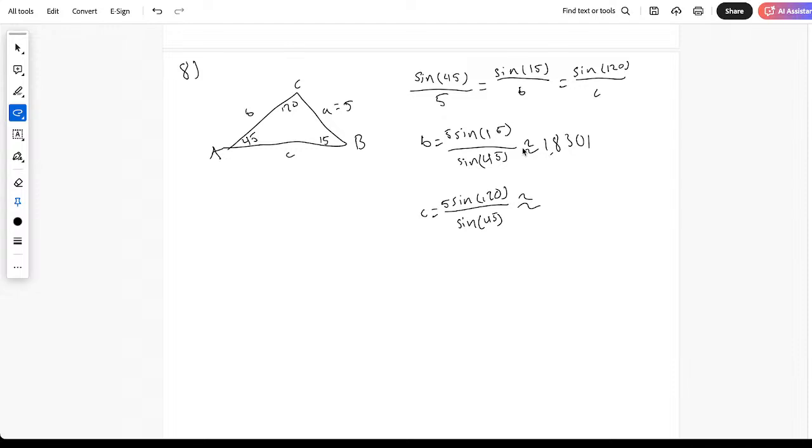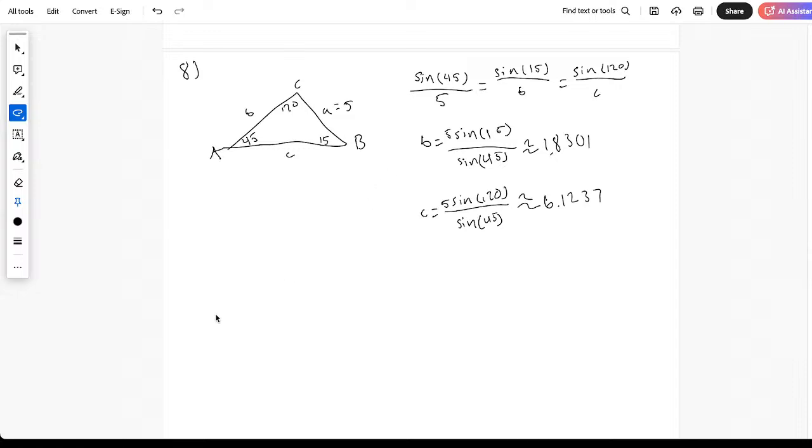Okay, 5 times the sine of 120 over the sine of 45. Okay, that one is equivalent to 6.1237. Okay, so I'm going to put this into the website.